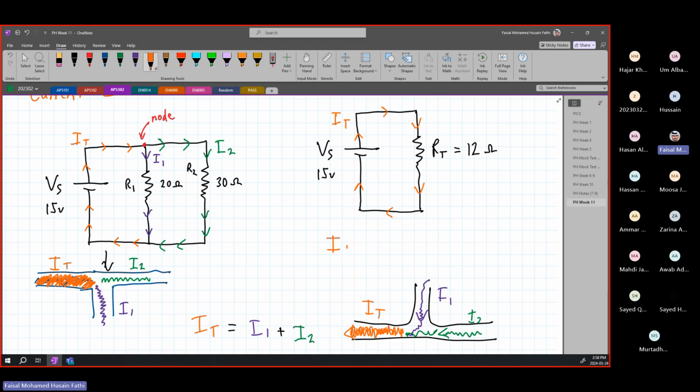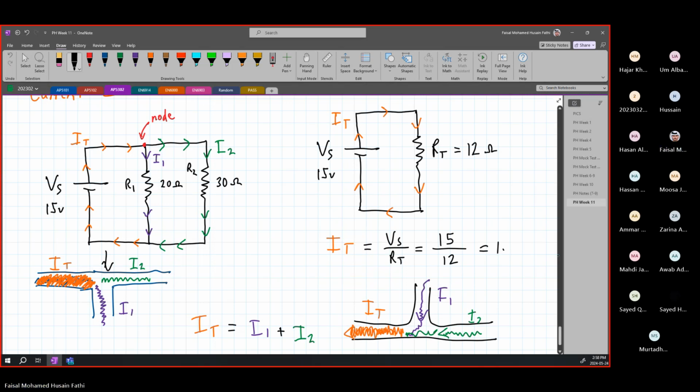Using Ohm's law. IT is going to be equal to VS over RT, which is 15 divided by 12, which is going to be equal to 1.25 amperes.